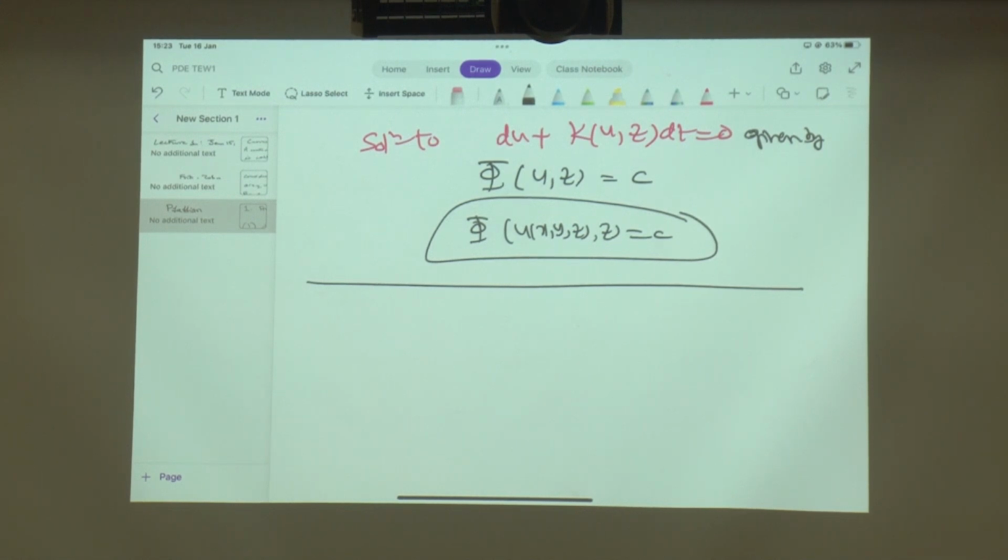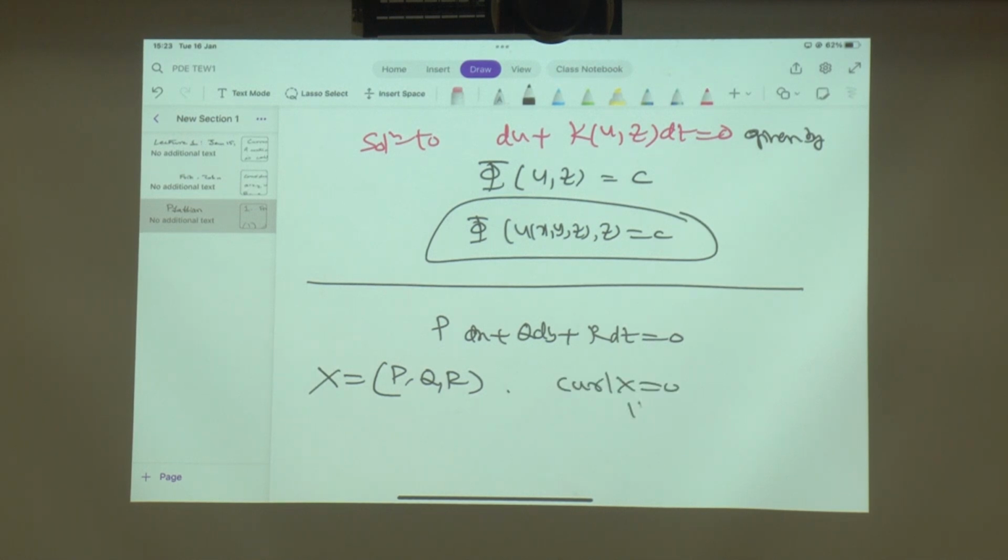If curl X is 0, it means X is of gradient type. Right? Then done. So you have P dx plus Q dy plus R dz equal to 0, and this PQR is X, curl X is 0. Okay?